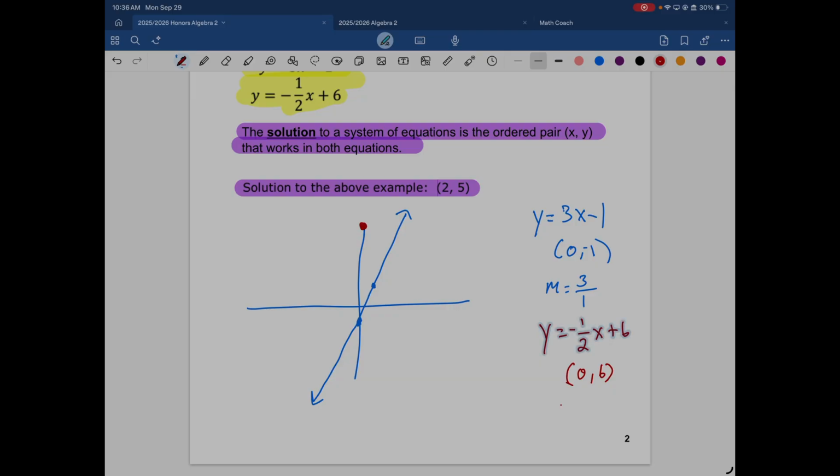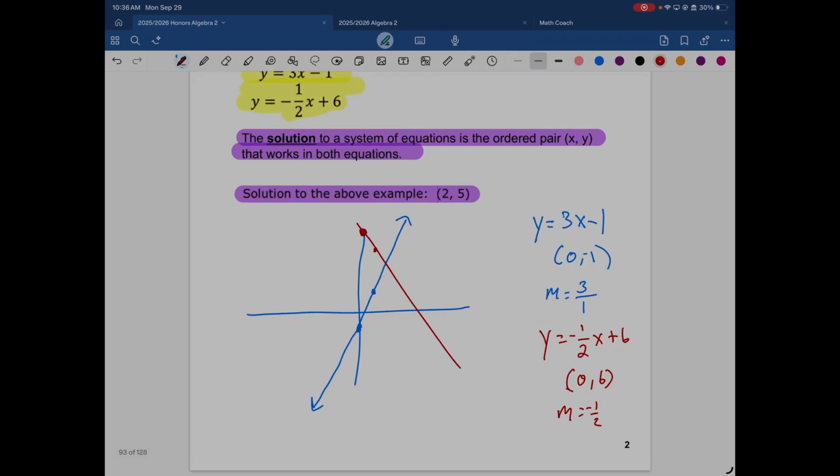The slope of this is negative 1/2. So I'm going down 1 and over 2, and I'm putting another point. Again, mine is not accurate here at all. And I'm going to draw a line through it.